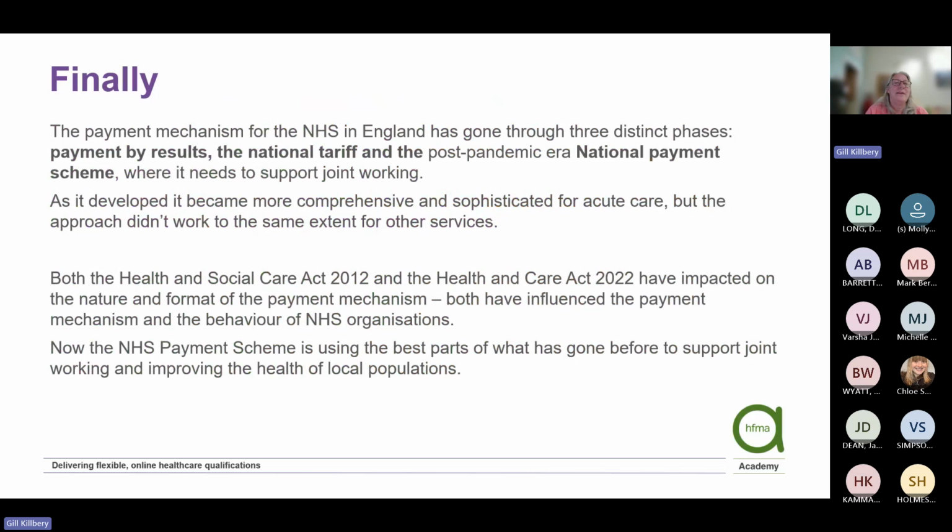And finally, we've gone through three distinct phases over the last 26 years. We've had payment by results, we've had the national tariff, and now we've got the national payment scheme.